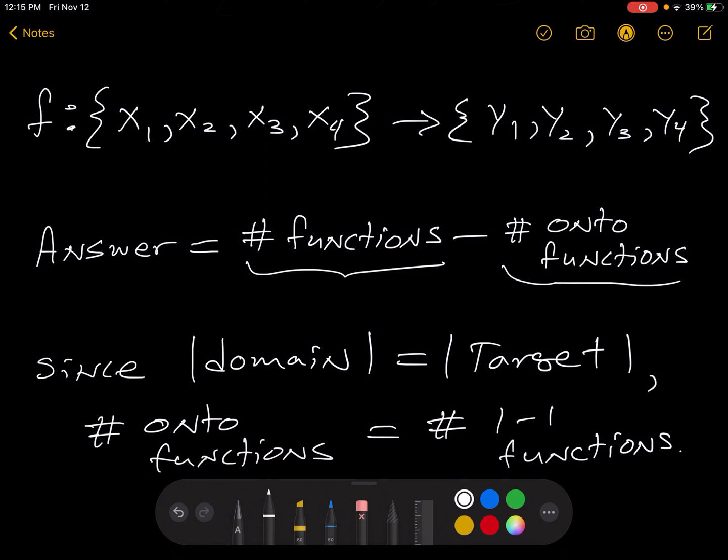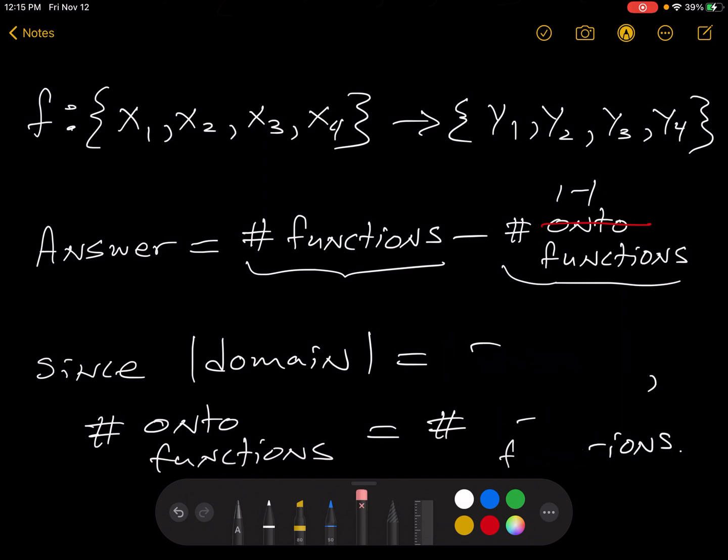And counting the number of one-to-one functions is much easier than counting the number of onto functions. So let me cross that out and put in one-to-one. So your answer is going to be that you count the number of functions and subtract from it the number of one-to-one functions.